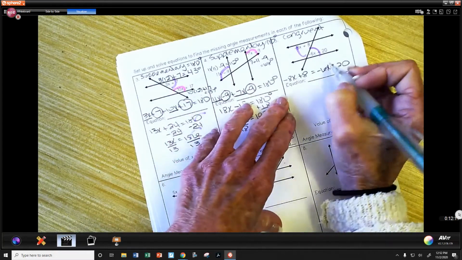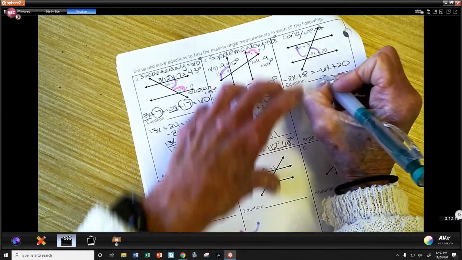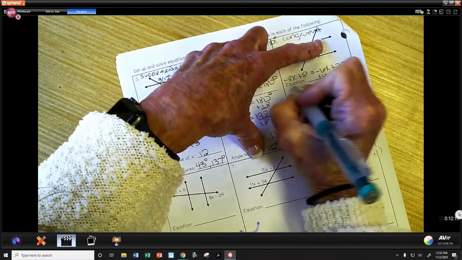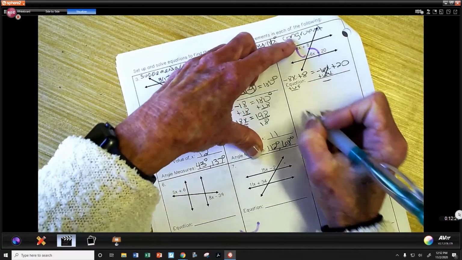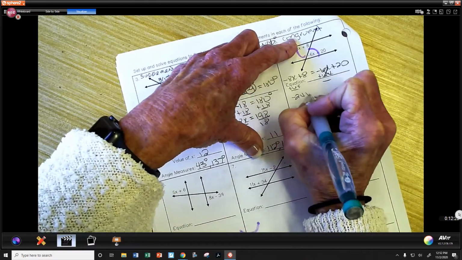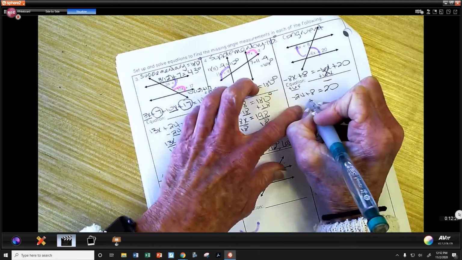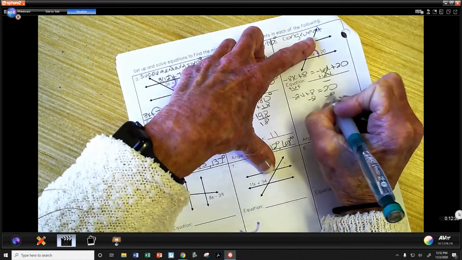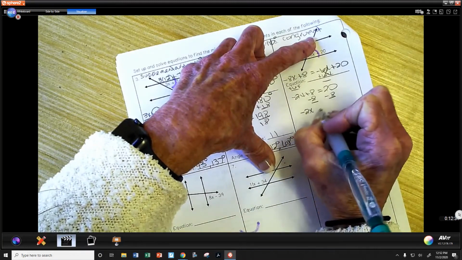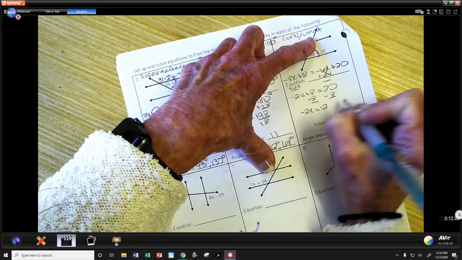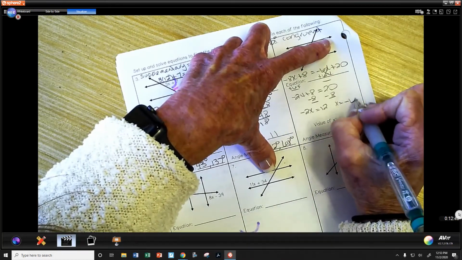Yes. Okay, so now we need to get our 6x to the other side. So I'm going to add 6x, and I am going to add 6x. Those go away. I have negative 2x plus 8 equals 20. Subtract 8. So negative 2x equals 12. So x equals negative 6.